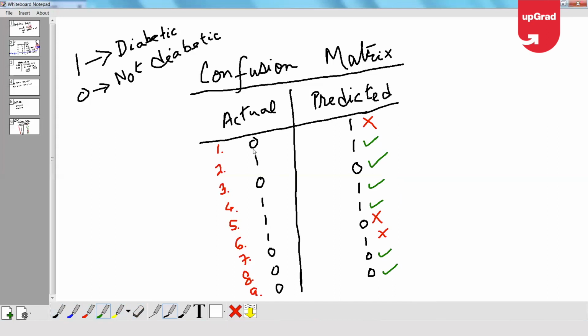Why wrong? Because the actual value is 0, which means the person was not diabetic. However, we have predicted him as diabetic. Here the actual one is 1, which means the person was diabetic, and we also predicted diabetic, fine, and these are all fine. Here these 2 records are where the mistake has happened.